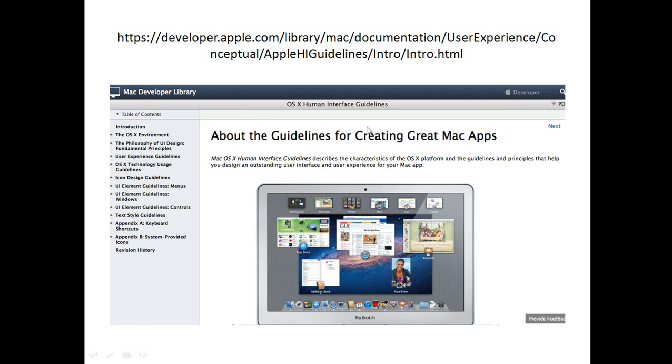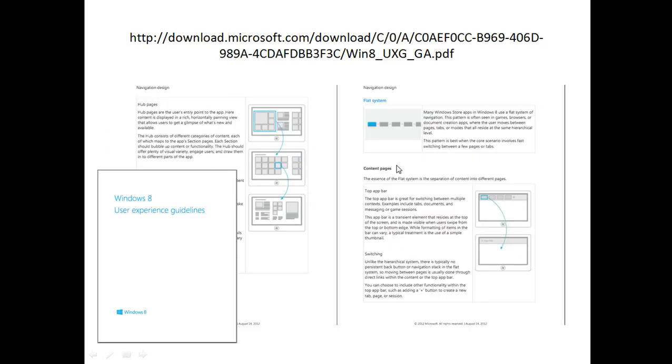A number of organizations have their own guidelines. For example, Apple has its own guidelines for creating Mac applications. In the same way, even Microsoft uses its own standard for dealing with user interfaces.